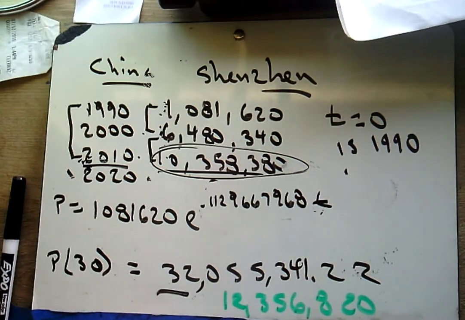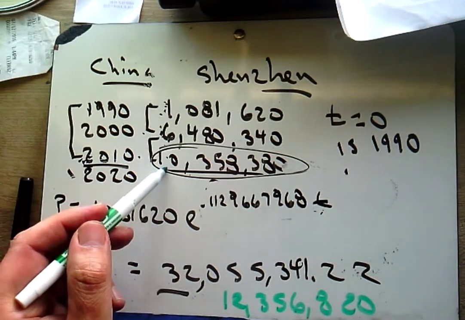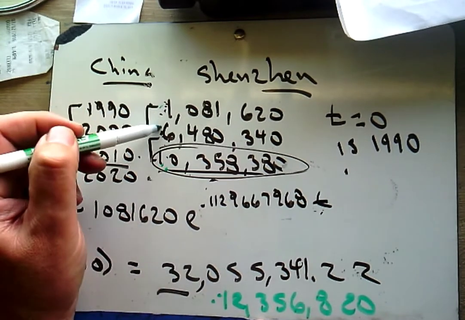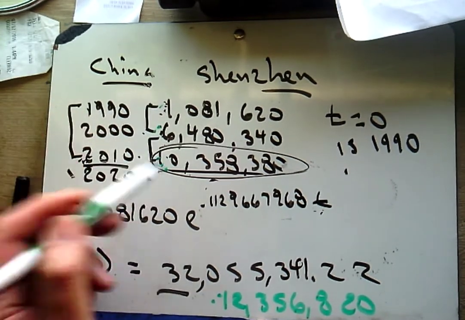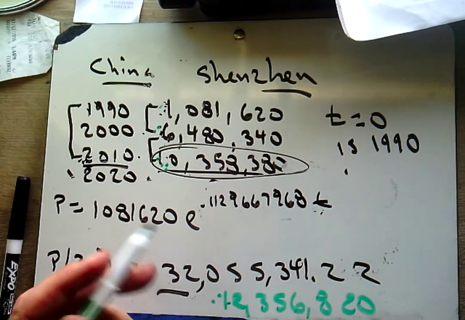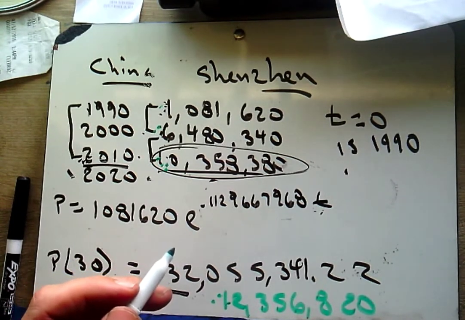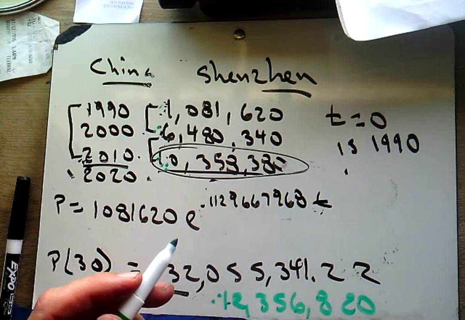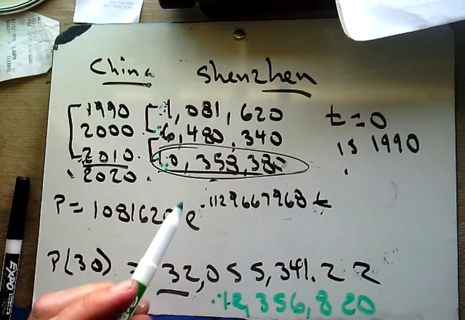That's very different. Look, it went up by 5.5, it went up by 4, and now it's gone up by 2. So it's growing, but growing at a decreasing rate. Growing at a decreasing rate.